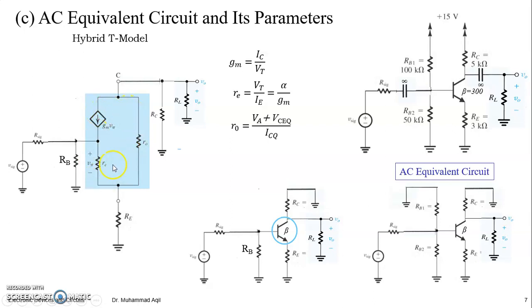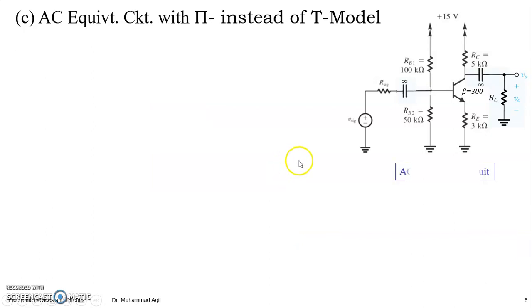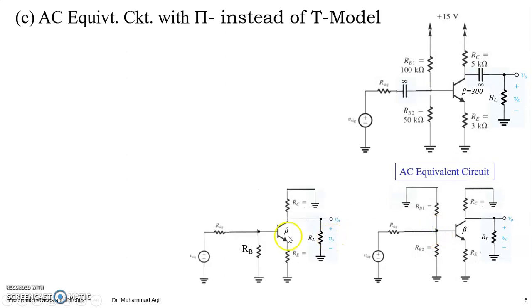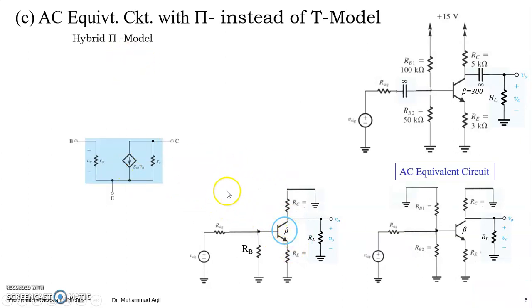Now what we are going to do is take the same AC equivalent circuit. This one is the same, but now we are going to replace this transistor with its pi model, and let's analyze it.